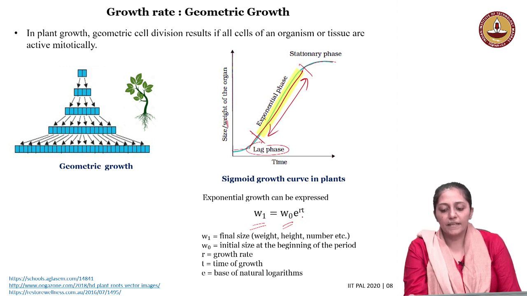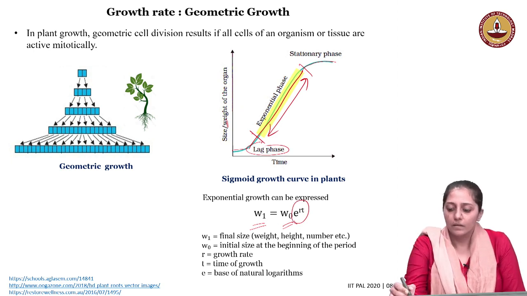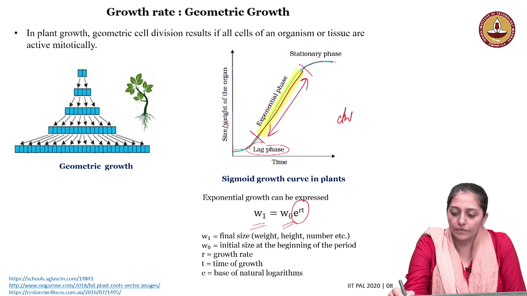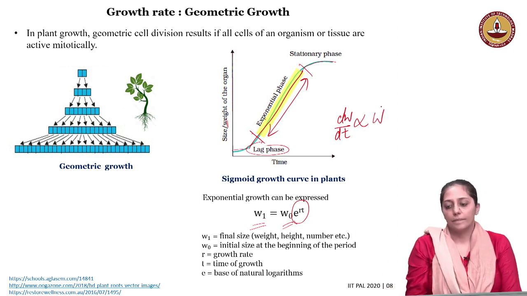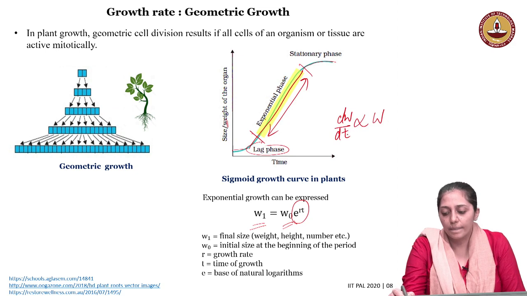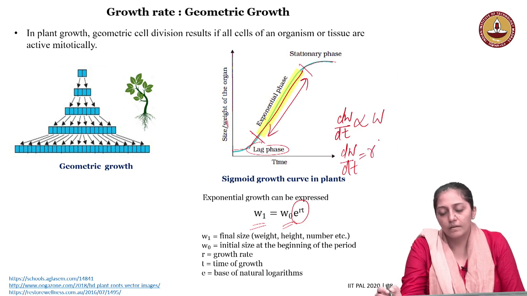Then with respect to time, this is the exponential function. The rate at which the weight of the plant is changing is proportional to the weight of the plant. So, mathematically, when this proportionality constant comes in, there is a constant which has been given the notation small r.